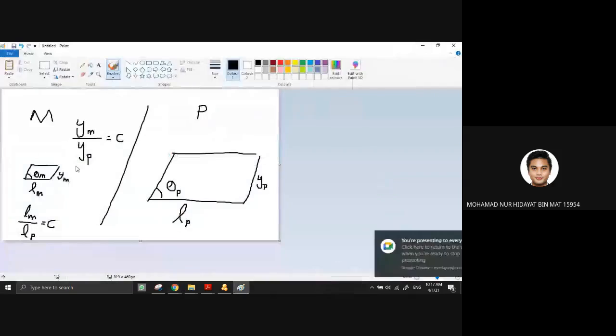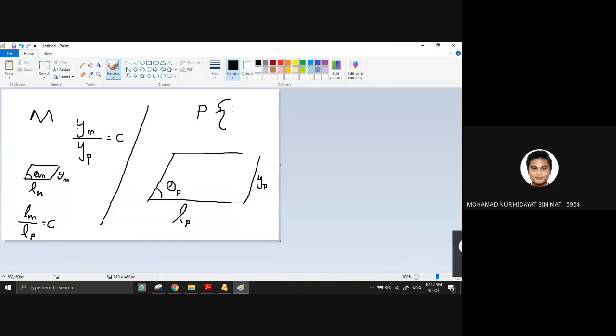If you have a different angle, for example, the prototype is 3 times bigger, say Ym equals 3 Yp, Lm equals 3 Lp, the angle should be the same. Angle of the model shall be the same as angle of the prototype.